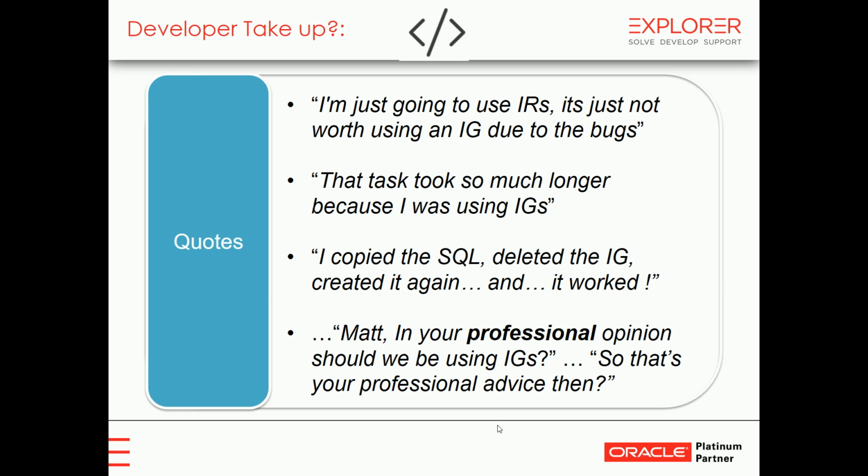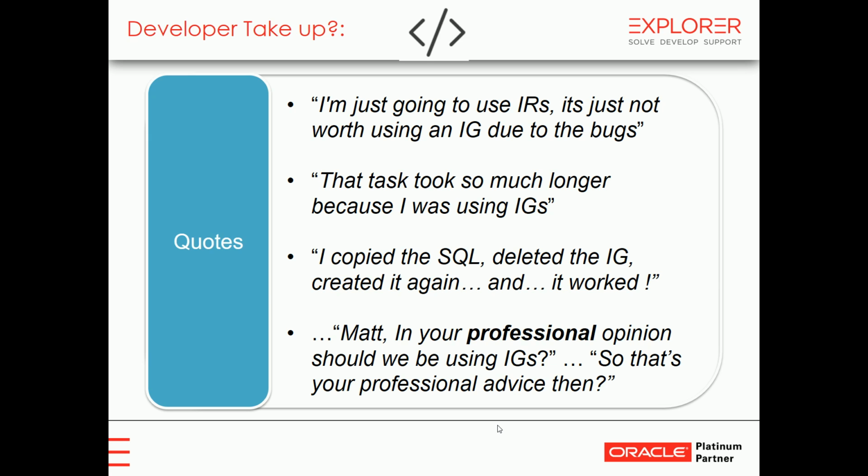We took the SQL out, we recreated the interactive grid, and it worked. We've seen interactive grids not saving because of a problematic column. We changed the column name, and it worked. We changed it back again, and it worked. So some of the things just cannot be explained, and we're having to undo and recreate things, which we shouldn't really be having to do.